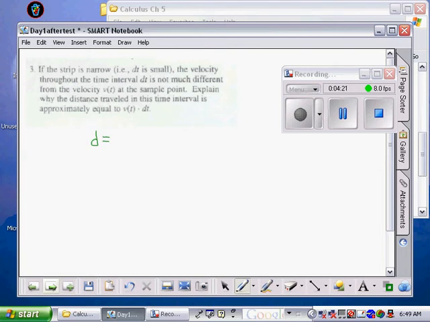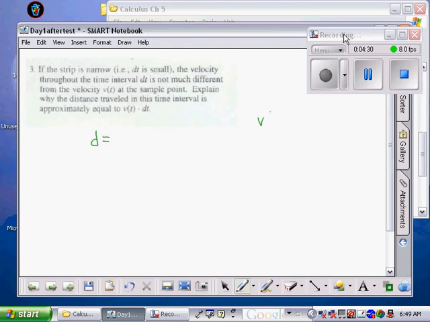If we want to find distance, that's going to be from velocity. If we take the antiderivative of velocity, in other words, we go backwards, we get distance, right? So our distance is going to be the area under the curve off of that graph that we had on the last screen.